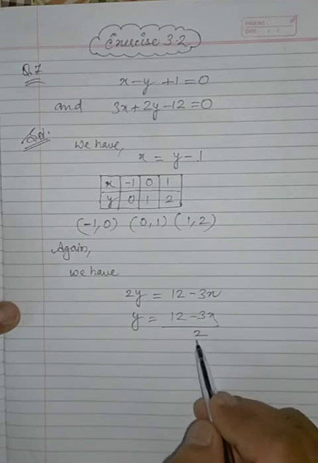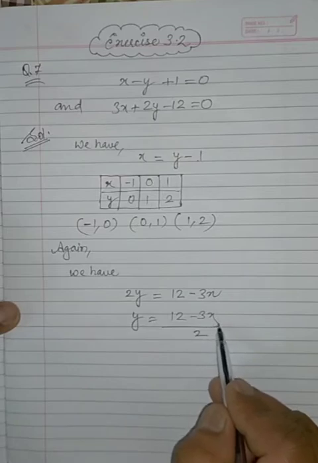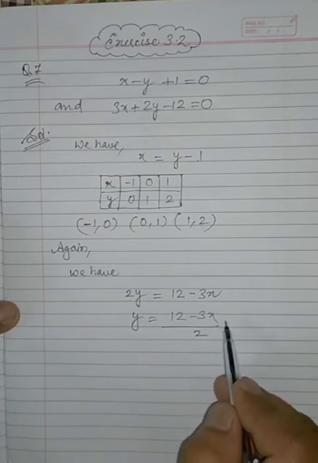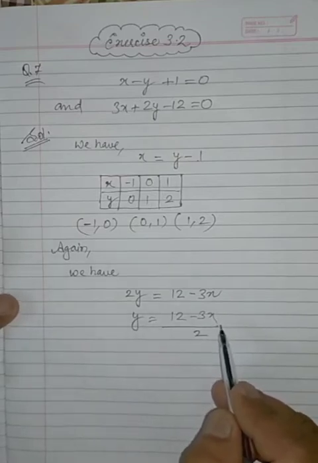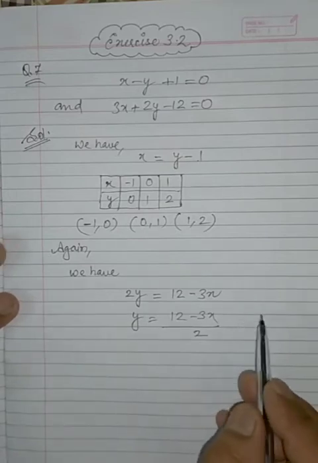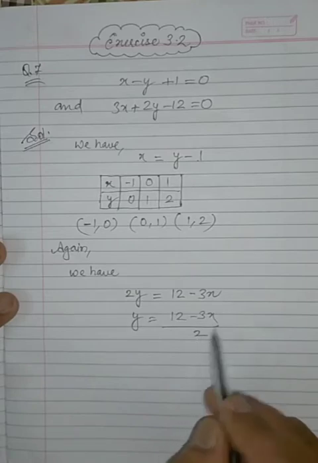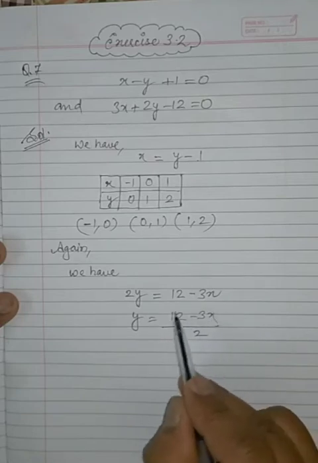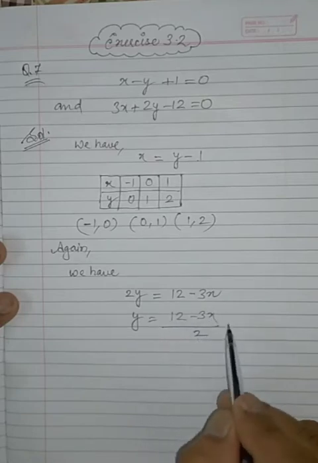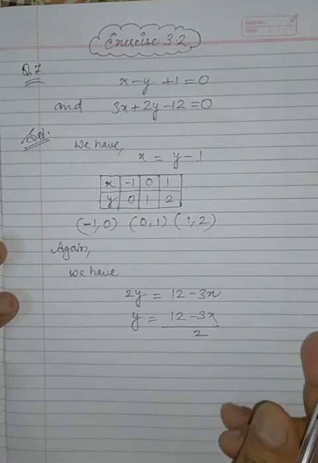because if we have denominator 3, then we have to be very selective in putting the values, because we may get some recurring values like 0.33333 or 0.66666, which is difficult to plot in the graph. But if we have 2 in denominator, then even if we are receiving an odd number here, then odd number when divided by 2 gives you 0.5, and the 0.5 can be plotted in the graph easily.